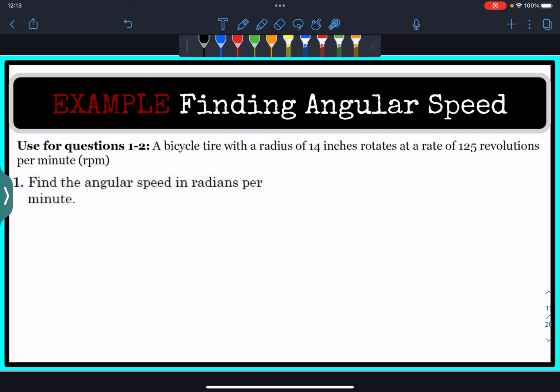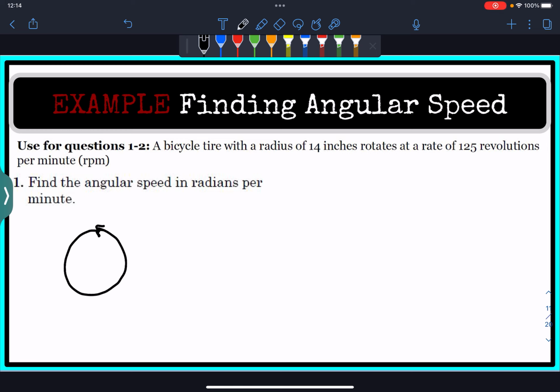Let's say a bicycle tire rotates with a radius of 14 inches, at a rate of 125 revolutions per minute. So we have this tire in the shape of a circle, and it's rotating at 125 revs per minute. So it makes 125 of these rotations in 60 seconds, in 1 minute.